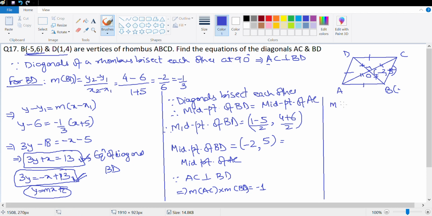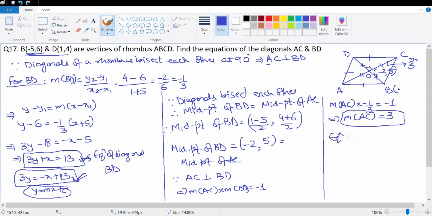So slope of AC into negative 1 by 3 is equal to negative 1, which means slope of AC will be equal to 3. Negative 1 into 3 upon negative 1, that's 3. So this is the slope of this line, and it is passing through negative 2, 5.